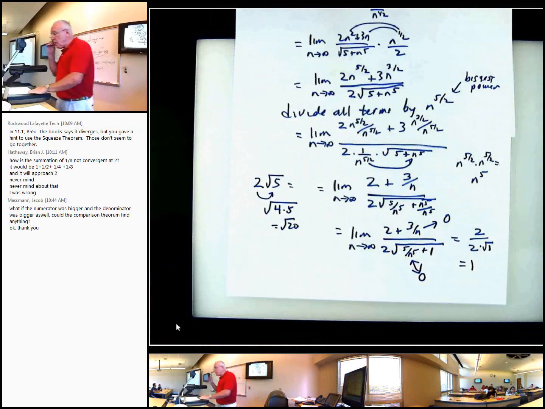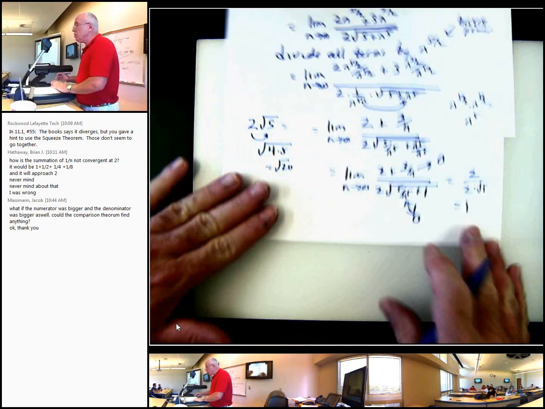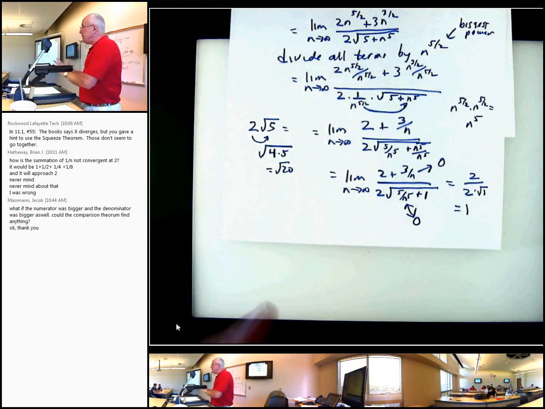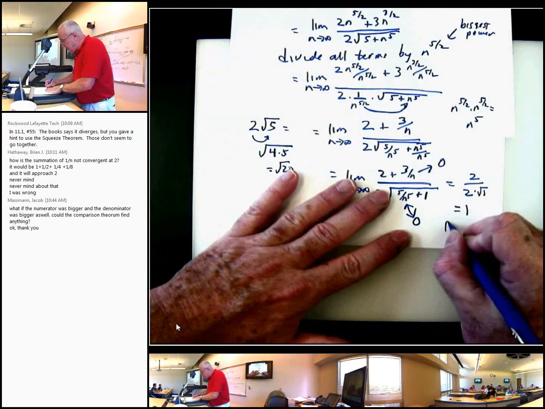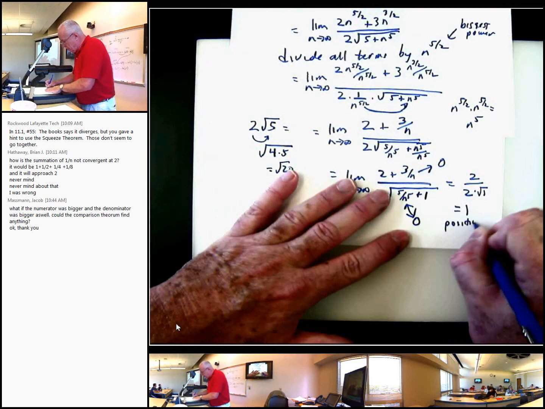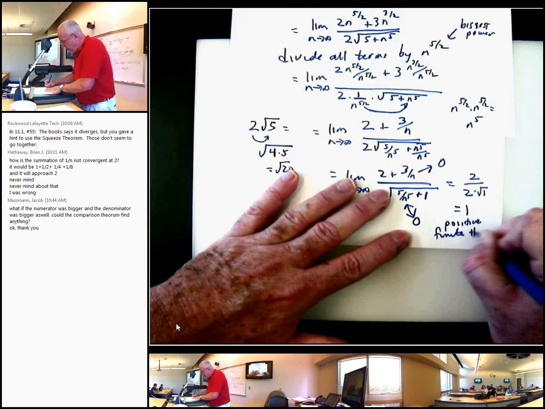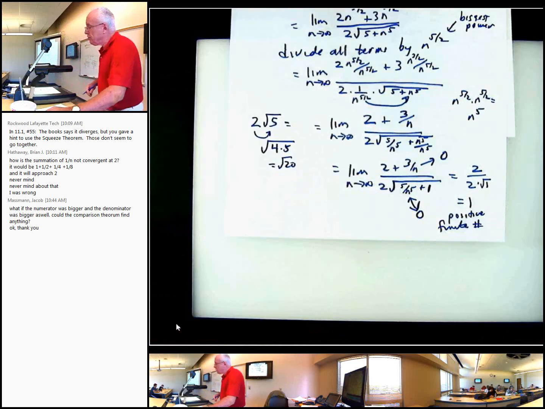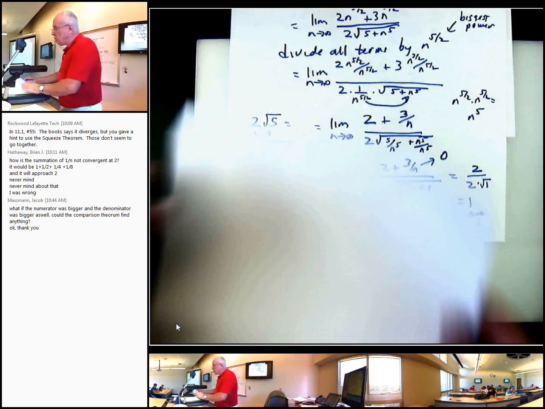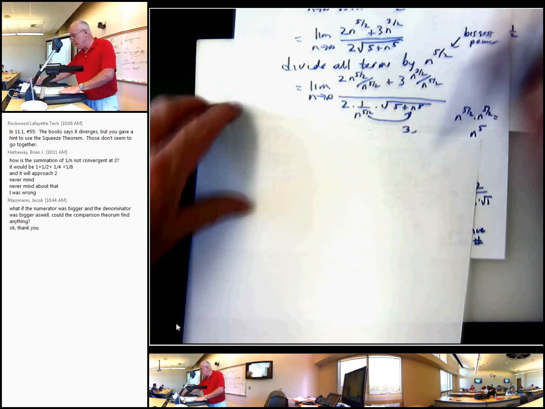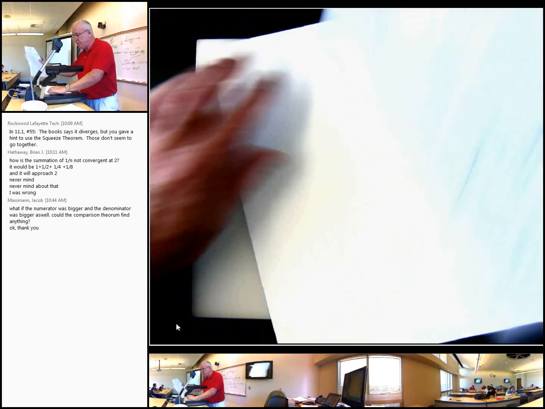All right. So we had to go through a little blood, sweat, and tears to get that the limit is equal to a positive finite number. Therefore, we can use the comparison test. So what did we figure out? We figured out that the other series diverges.